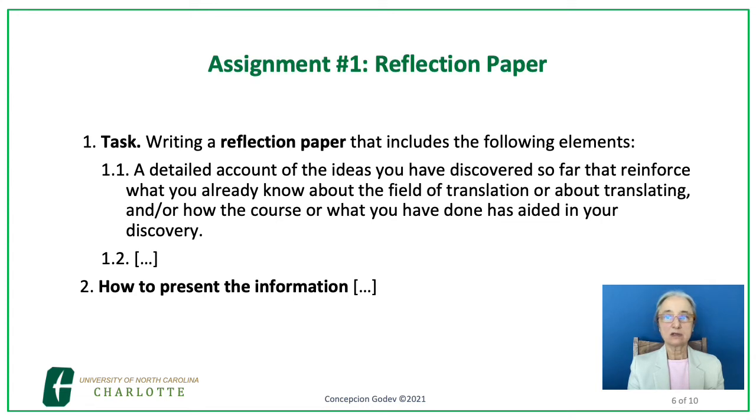The fifth one is documentation of sources of information. The sixth criterion is analytical thinking in the piece of writing. And the seventh one is following instructions. And in following instructions, there are sub-criteria, such as, for instance, relevance of the information that is included in the paper, as per the instructions that the students have received.